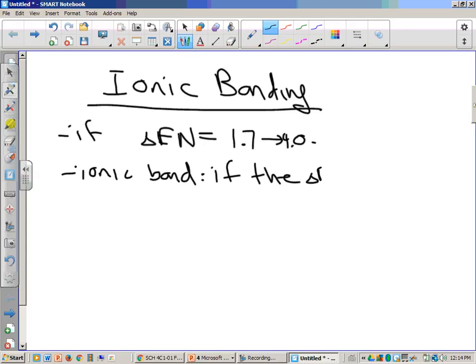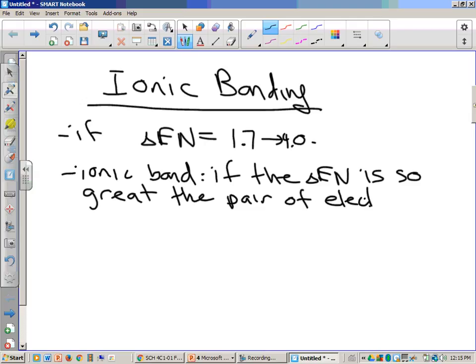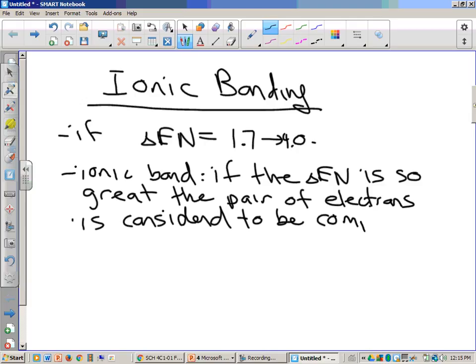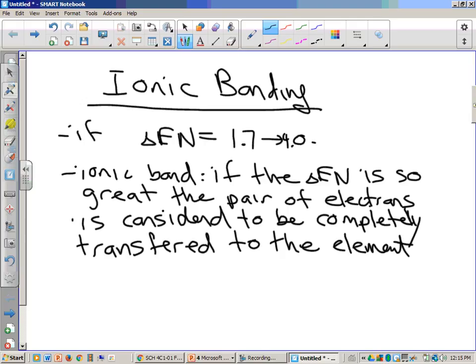If the delta EN is so great, the pair of electrons is considered to be completely transferred to the element with the larger EN.